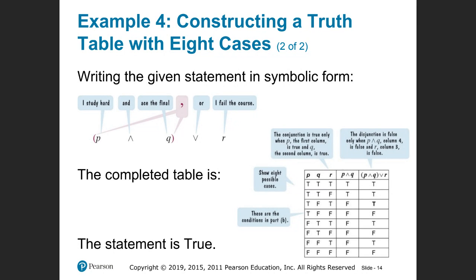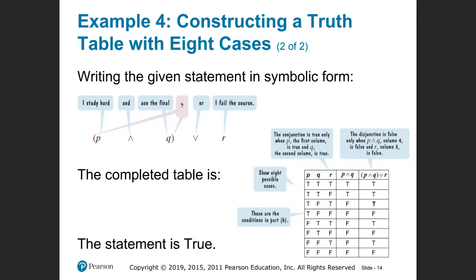Okay, now remember what we said before. The disjunction is false only if P and Q, which is this column, is false and R is false. So we look at R and P and Q. For the first line, they're both true. For the second line, one is true. For the third line, one is true.